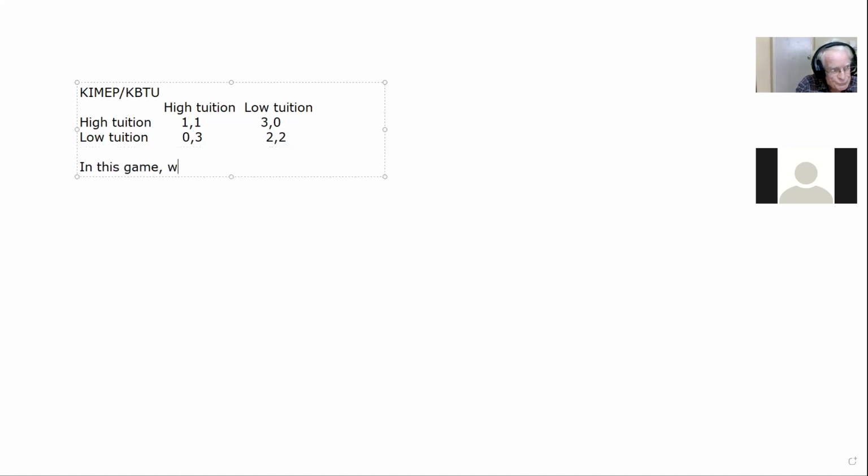In this game, they found that high conversion is a best response for each player given what the other player is doing.